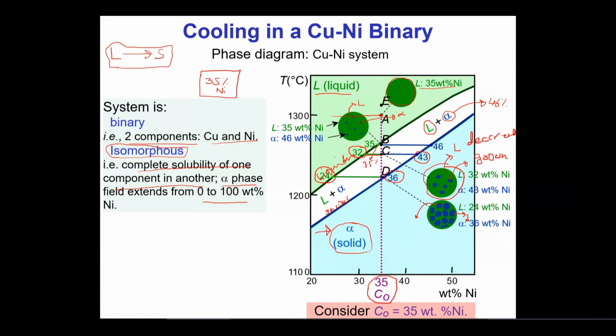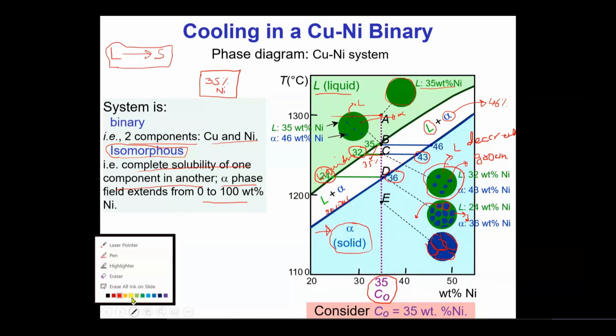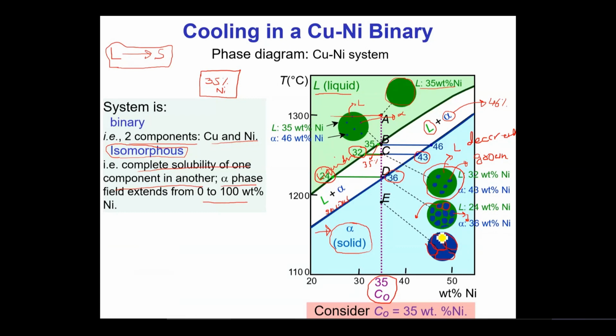So, you would see that these small grains have grown up into different grains, and the region between the grains is basically, what is it? The region between the grains is what?